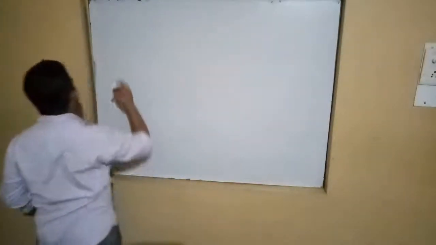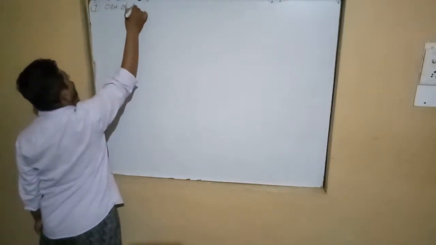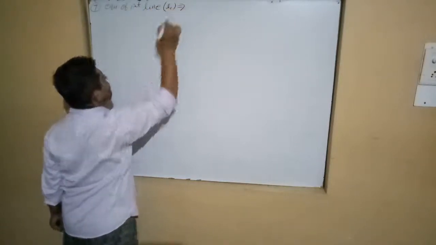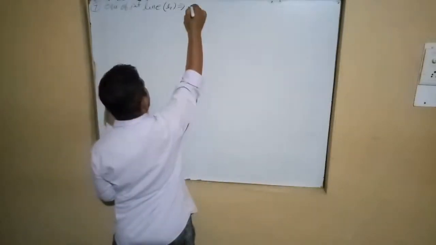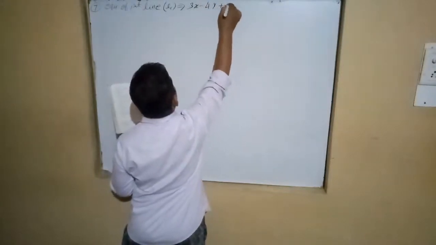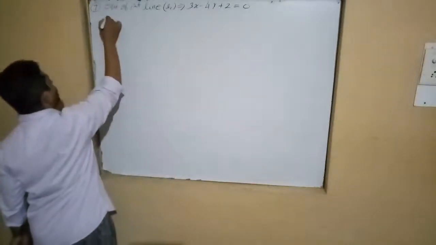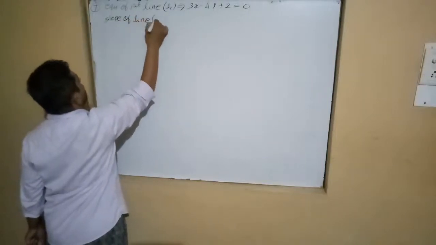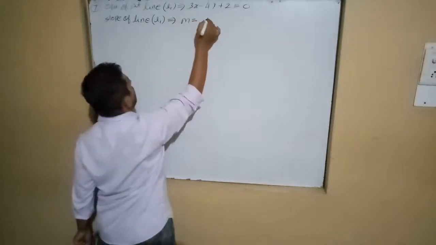So first we write question number 7. The equation of the first line L1. What is the equation? The equation is 3x minus 4y plus 2 is equal to 0. Okay, so first we find the slope of line L1. m is equal to, what is the value of m?